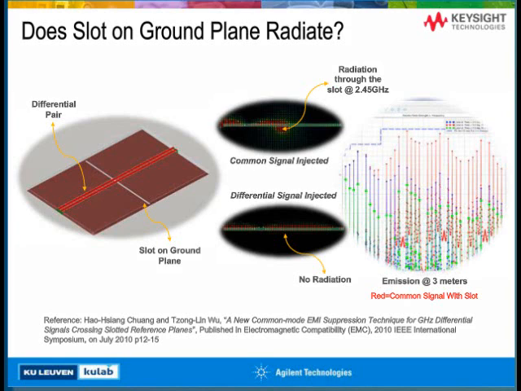As you can see on the right side, it shows the emission level at 3 meters. The red is the common signal with a slot, which is getting closer to the EMI limits.